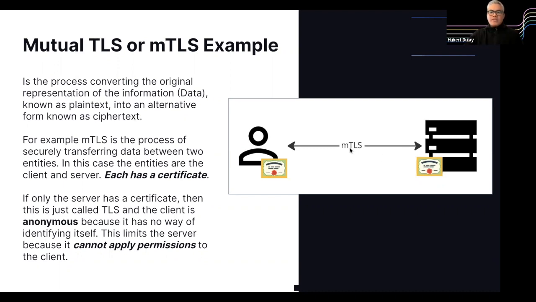What MTLS is, the M being mutual, TLS being the next version of SSL, which is a way to encrypt data on the wire, assuming this arrow here is the wire. What happens with mutual TLS is that the user here is represented by the certificate.